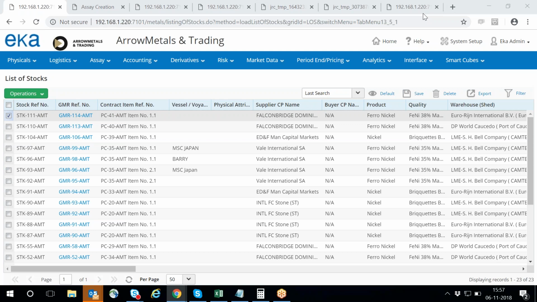Yeah, so if it is after 6 months, you get to know that there is a loss in the stock. So what Anand was proposing is that in the list of stocks, only for base metals, we can provide an option called write-off.